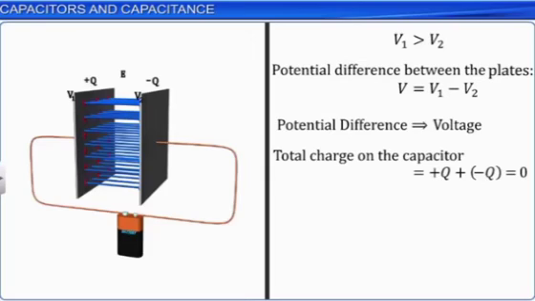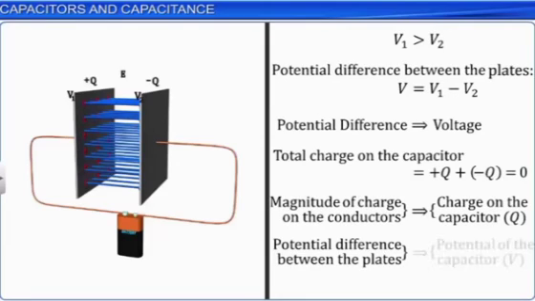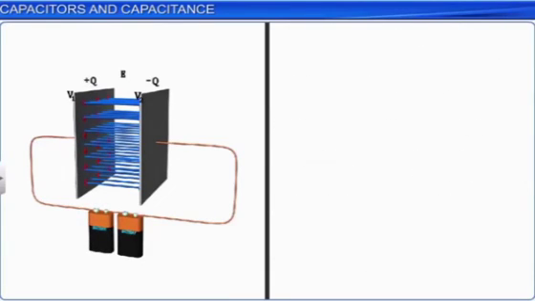It is a common practice to refer to the magnitude of charge on the conductors as the charge on the capacitor equal to Q, and the potential difference between the plates of the capacitor as the potential of the capacitor V. The electric field strength in the region between the plates increases as the magnitude of the charge on each plate of the capacitor increases. Then, the potential difference between the plates also increases.